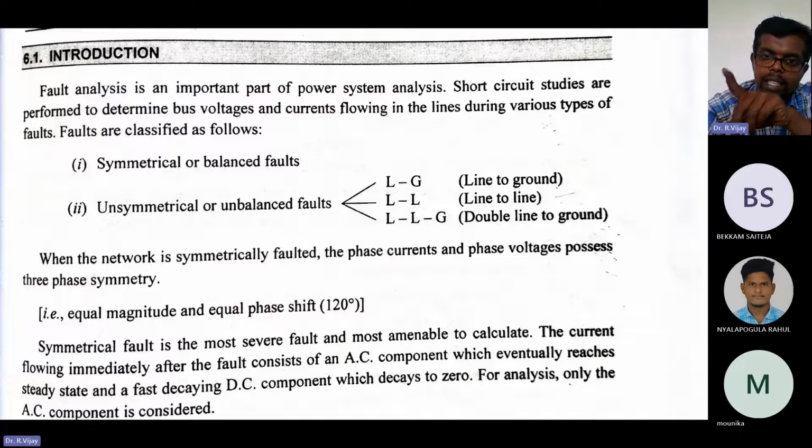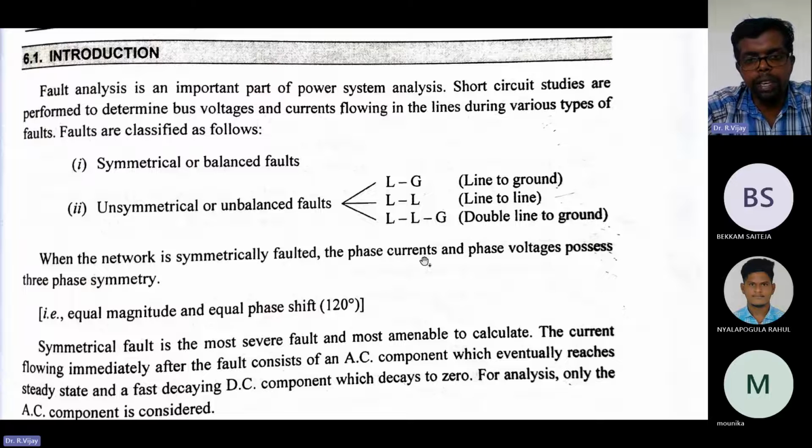The lineman will climb that particular pole and change the phase and neutral connections. So that also will be happening, and it also comes under the fault zone.